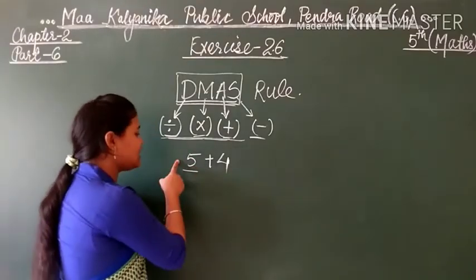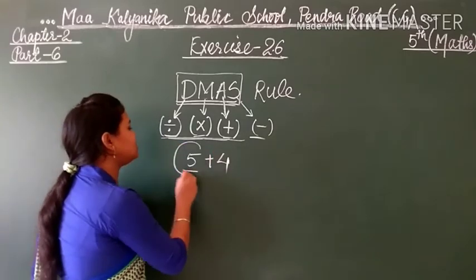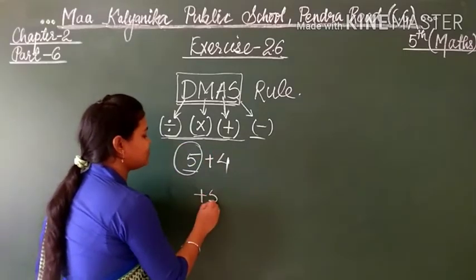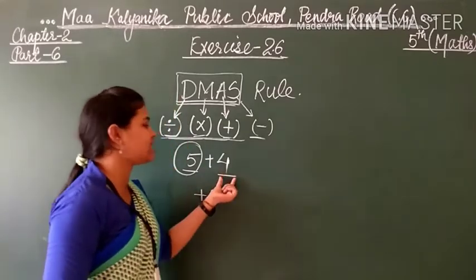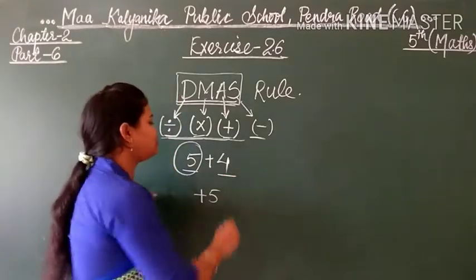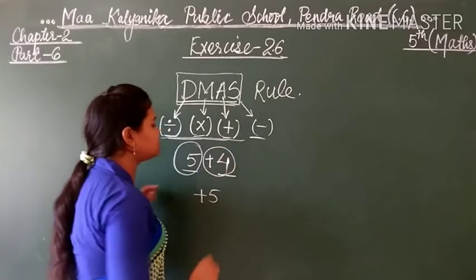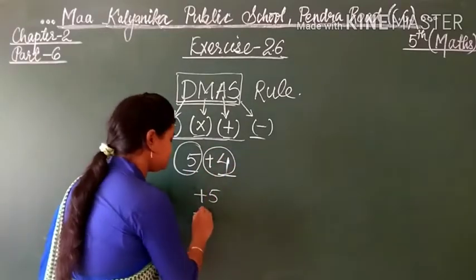Before 5 nothing is there, which means 5 is plus 5. And if I ask what is the sign of 4, the sign of 4 is plus 4.